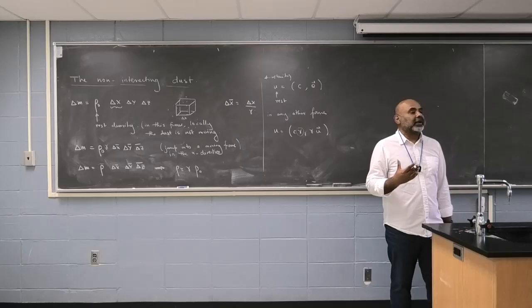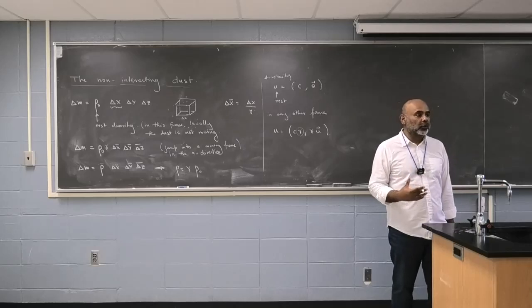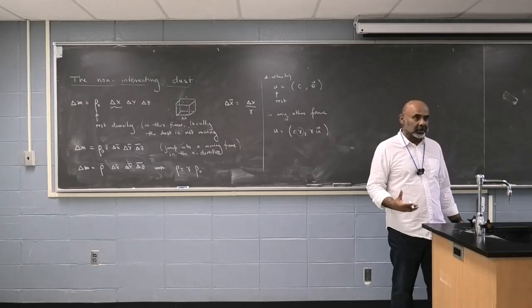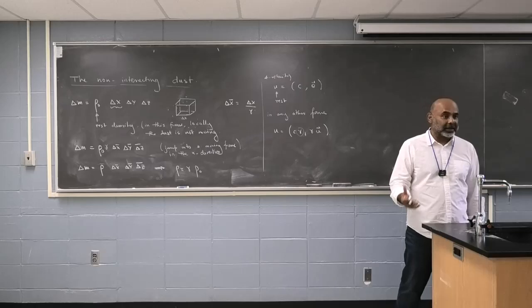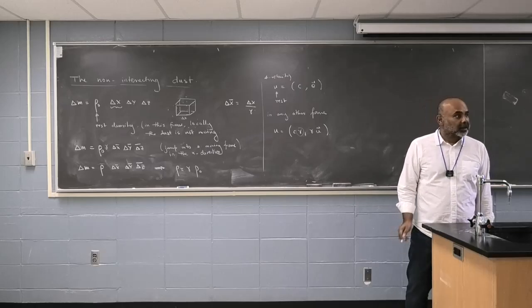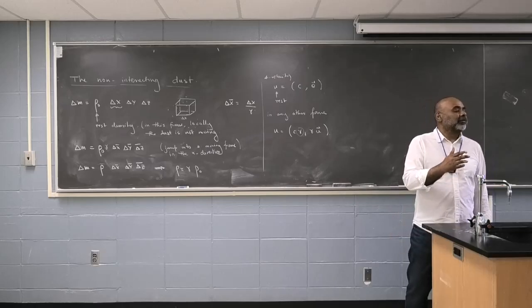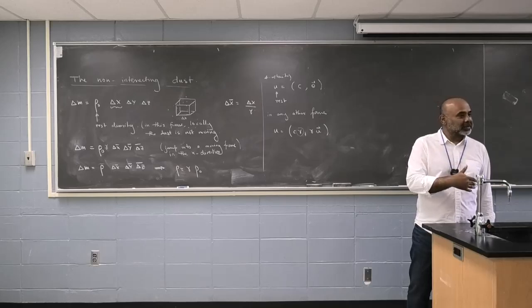We want conservation of mass, regardless of who's observing. The mass contained in a certain volume of fluid: if it's the same volume of fluid, we want the total mass to remain the same. You know from E&M, or what we have discussed before, the continuity equation.